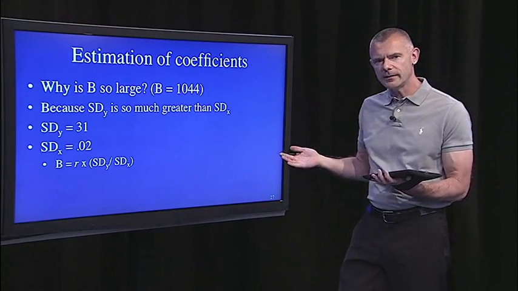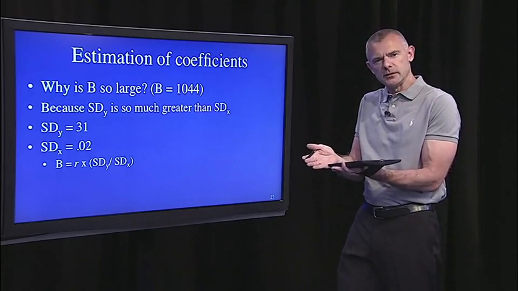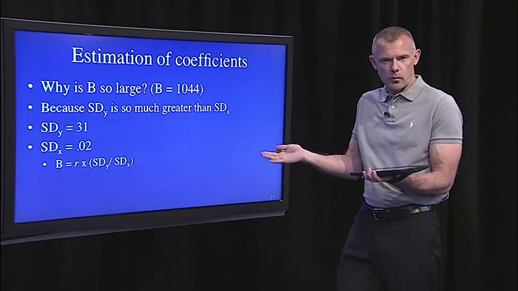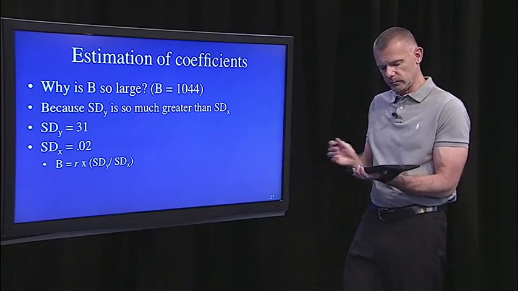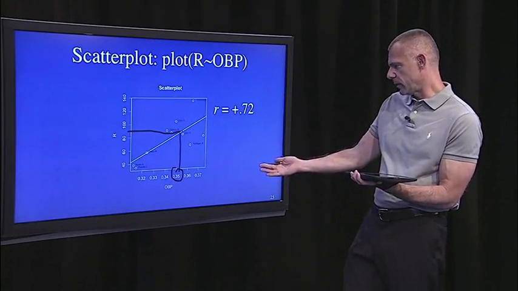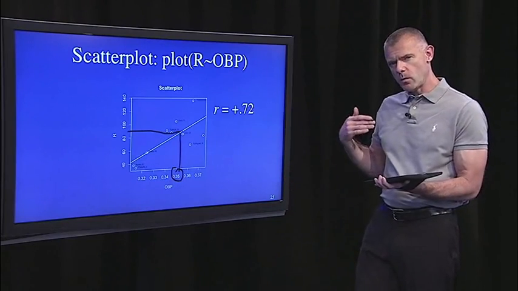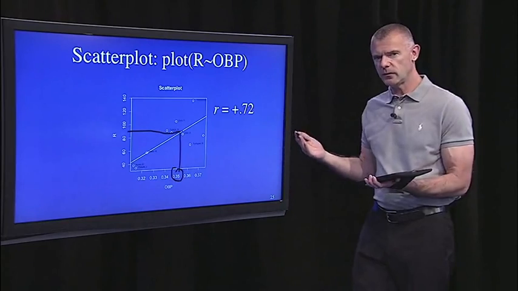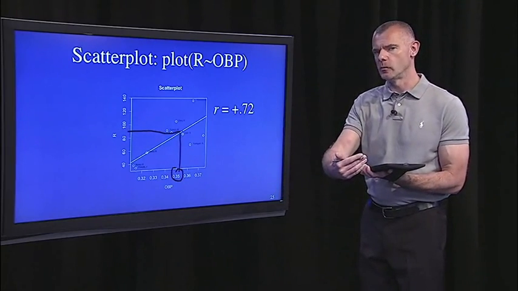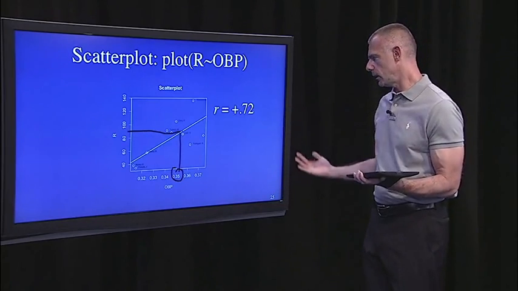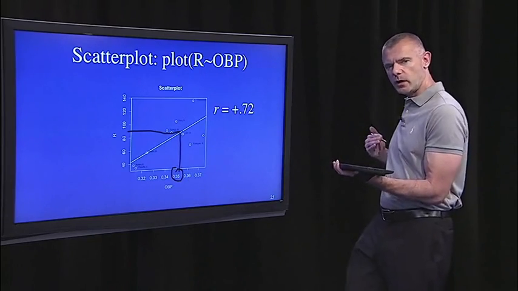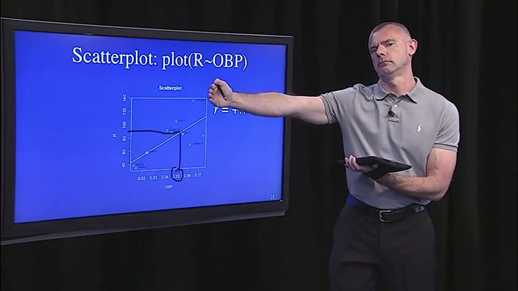If you look at the scale of x, it's a percentage or a proportion. From 0 to 1 is the highest you could possibly get, but our actual values were about 0.3 to 0.4. Remember, what the regression coefficient stands for is, for every 1 unit increase in x, the predicted change in y. Well, a 1 unit increase in x is a big jump across this scale. So that's why the predicted change in y is 1,000.